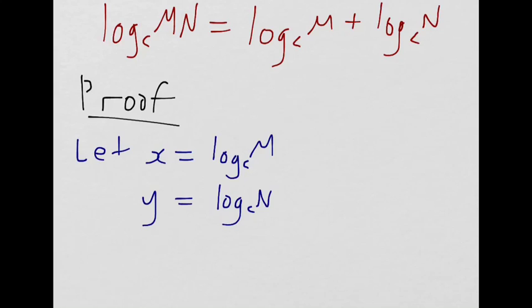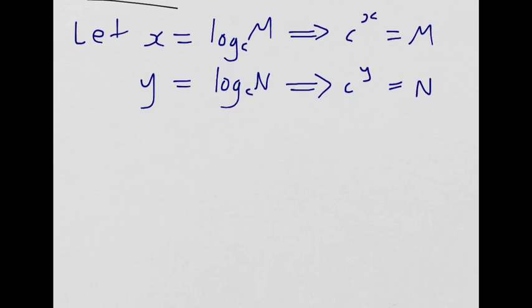And I'm going to write each of these equations in exponential form. So the first one becomes c to the x equals m, and the other one becomes c to the y equals n. You guys follow me so far? Okay. So that's just my defining statements for the proof we're about to do.